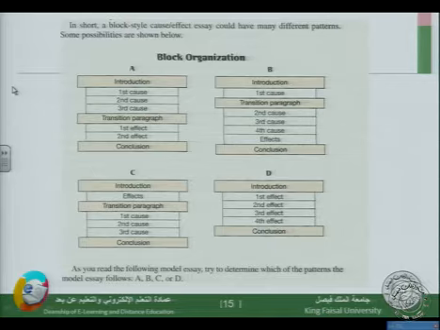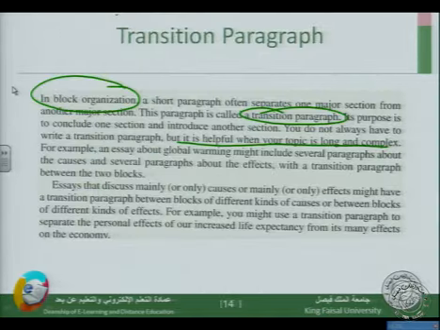Okay? So here is the theoretical background. Let us look at this diagram and pay attention to the parts of this diagram.